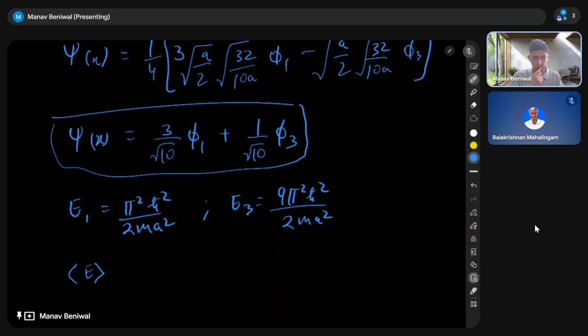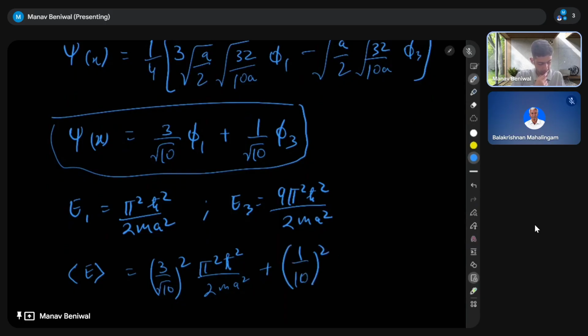So the expectation value of energy E will be 3 over under root 10 squared pi squared h bar squared over 2 m a squared plus 1 over 10 squared 9 pi squared h bar squared over 2 m a squared.